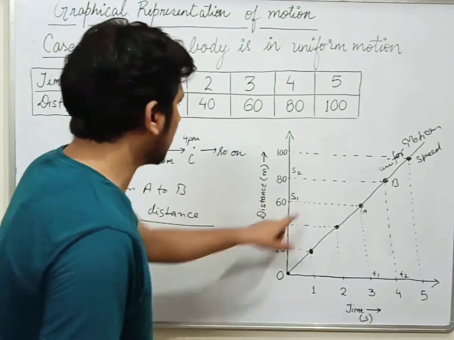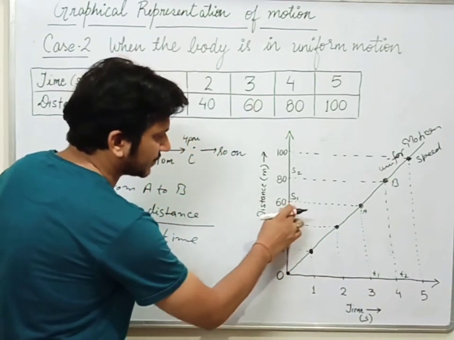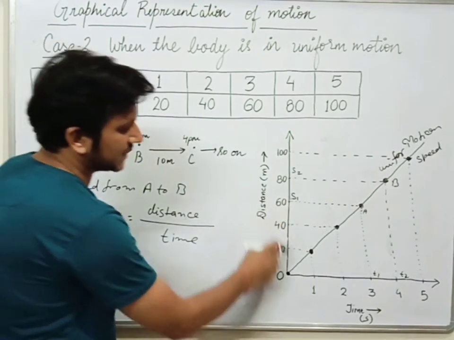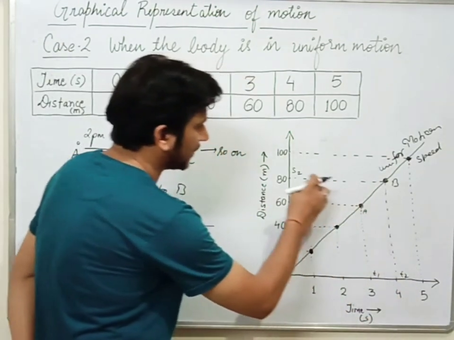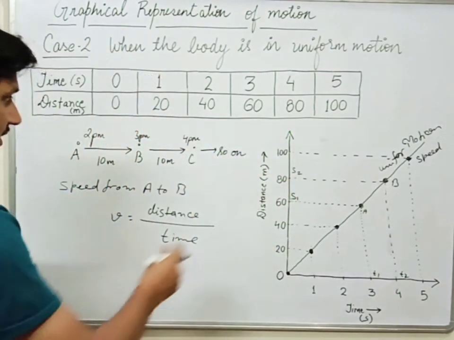The time t1 covers s1 distance, and s1 is equal to 60 meters, and t2 covers s2 distance which is equal to 80 meters.